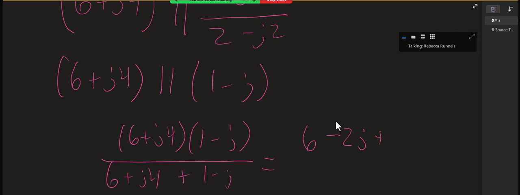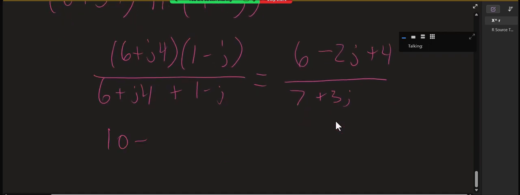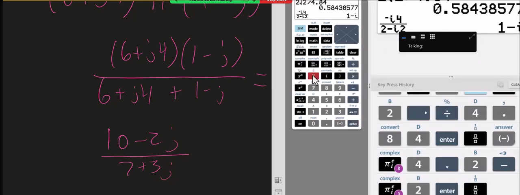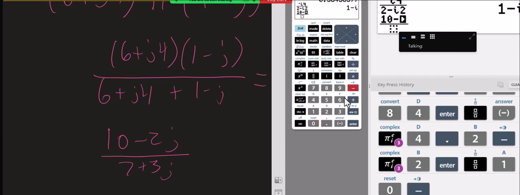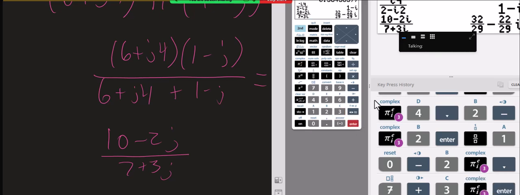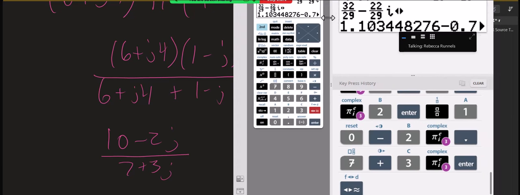Minus 4J squared is plus 4 over 7 plus 3J, or 10 minus 2J over 7 plus 3J is 1.1 minus 0.76J.